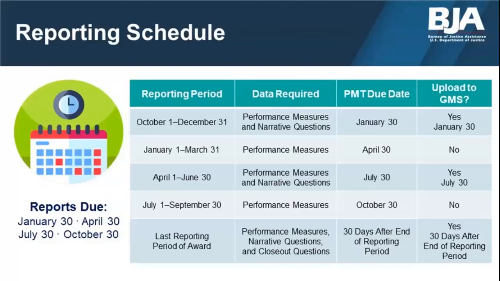But for the reporting periods twice a year that are due January 30th and July 30th, as well as whenever you end your grant, we also ask you a few key open-ended narrative questions related to your goals and objectives and your progress towards them. Also, for the periods reported in January and July, you'll need to generate that report out of the PMT of your data and upload it into GMS.